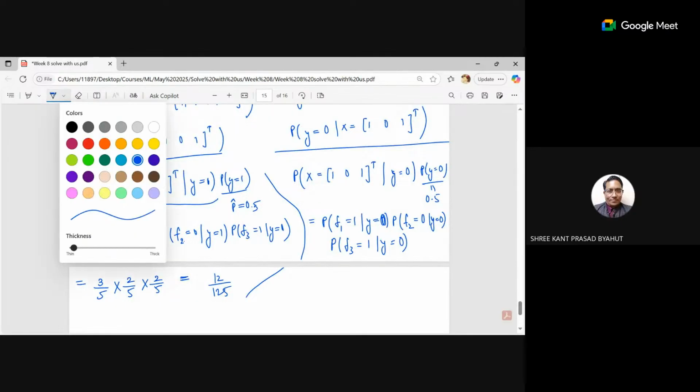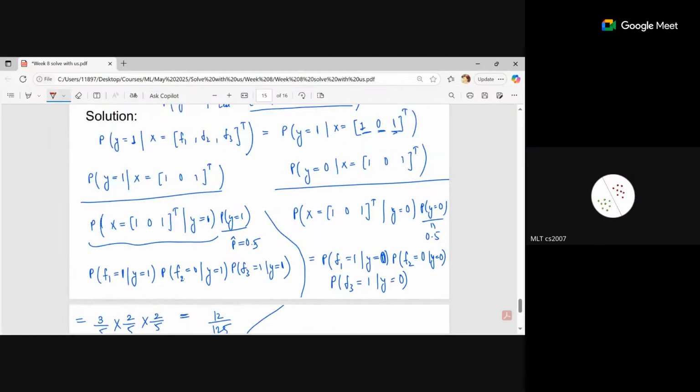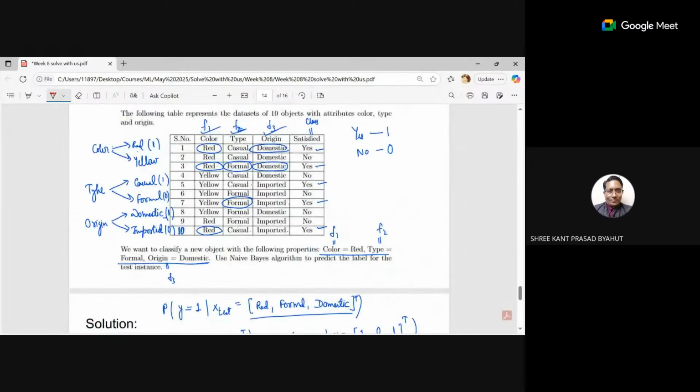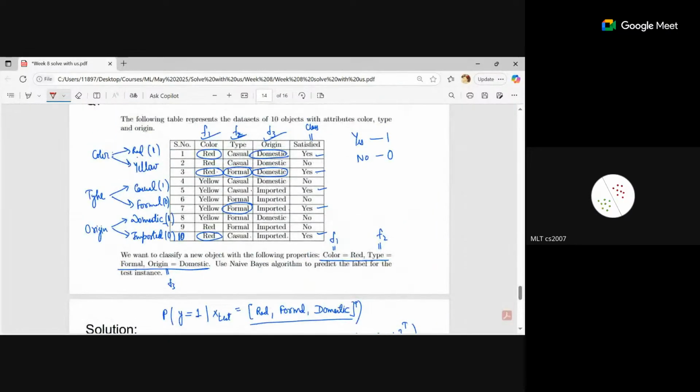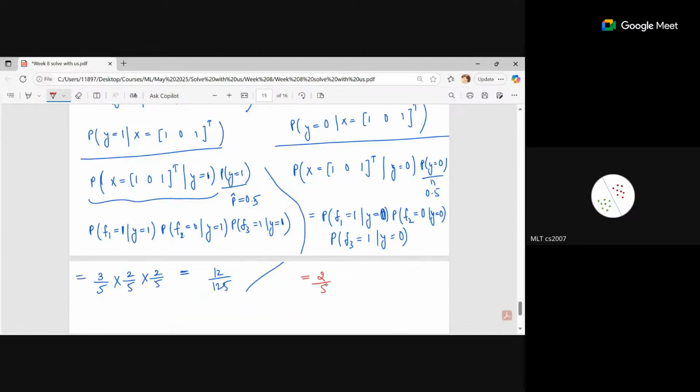Satisfied is equal to no. So given satisfied is equal to no, what is the probability that color is equal to red? Red and no. So this is 1. This is yellow, so won't be counted. This is 2 by 5.